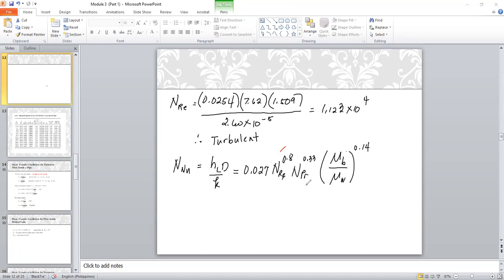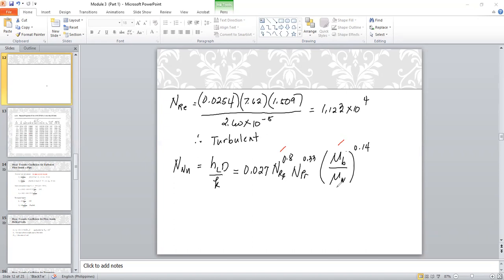The Prandtl number can be read from a particular table. The viscosity was already read a while ago, which is 2.6. That's the bulk viscosity of the air flowing inside the pipe. The thing that we need to find is the viscosity at the wall based on the wall temperature.